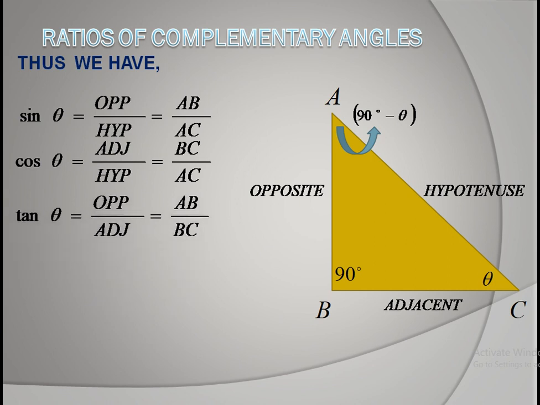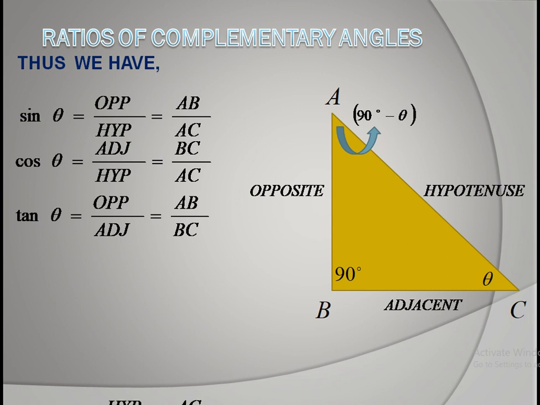Next, tan theta. Tan theta is equal to opposite by adjacent. You know it, student, right? Here the opposite side is AB and the adjacent side is BC. So tan theta is equal to AB by BC.